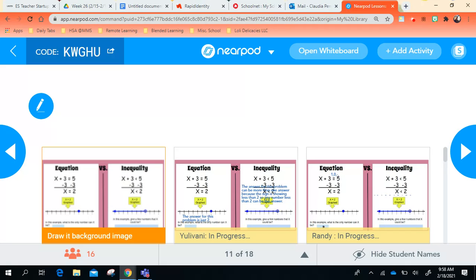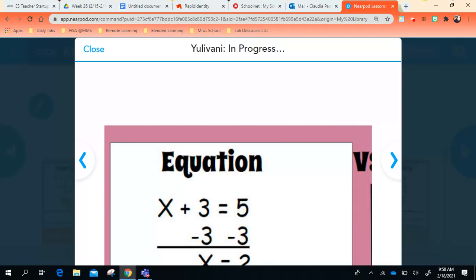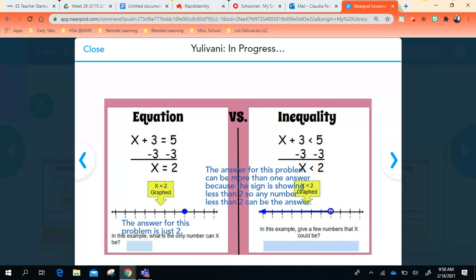Okay, so does anybody mind if I pick on their answers? You don't mind? Okay. So you, Ivani, do you mind? Can you see it? Okay, so Ivani says that for the first problem, the answer is 2. For the second one, there is more than one answer because the sign is showing less than 2.